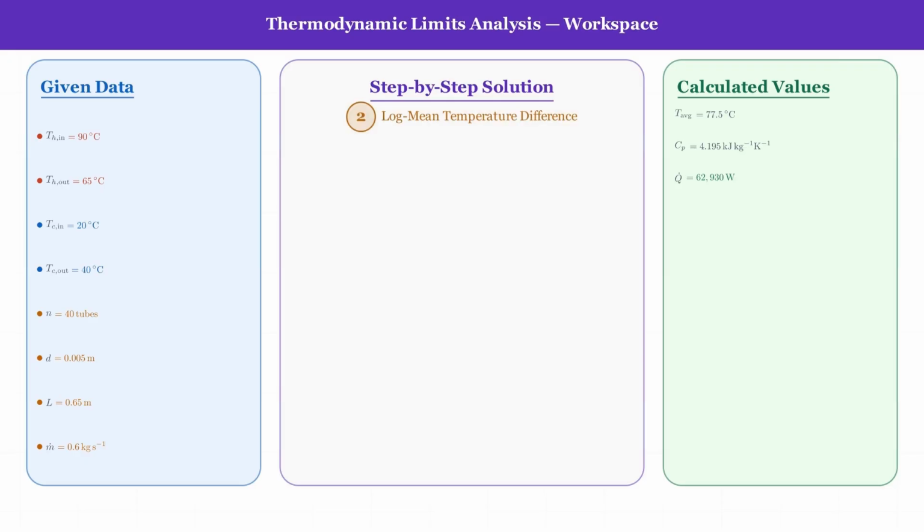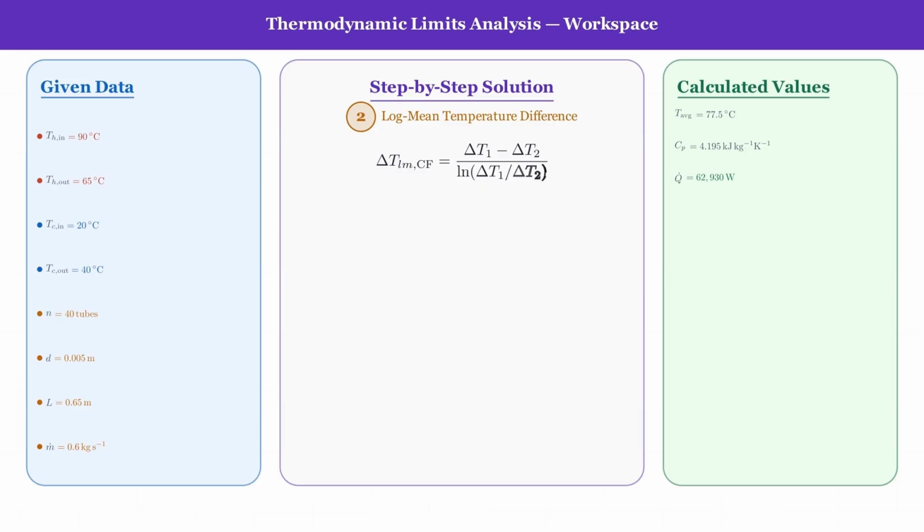The temperature difference between the water and the air is not constant along the length of the radiator. It changes continuously as the water cools and the air warms. The LMTD is the correct mathematical weighting of this varying driving force. It is the exact result of integrating the local heat transfer equation along the exchanger under the assumption of constant U and constant specific heats.